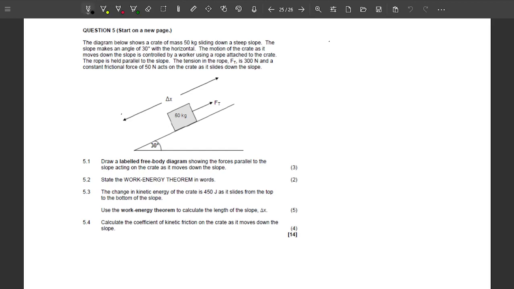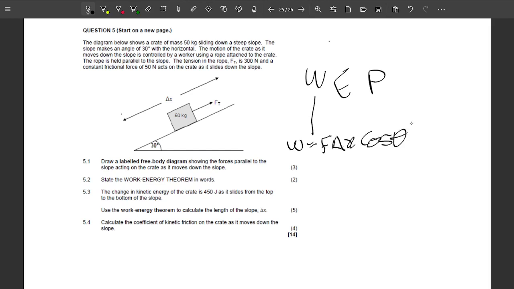As stated, we've got the work part, and one thing that we know about work is that it is given by the formula W equals F delta x cos theta.